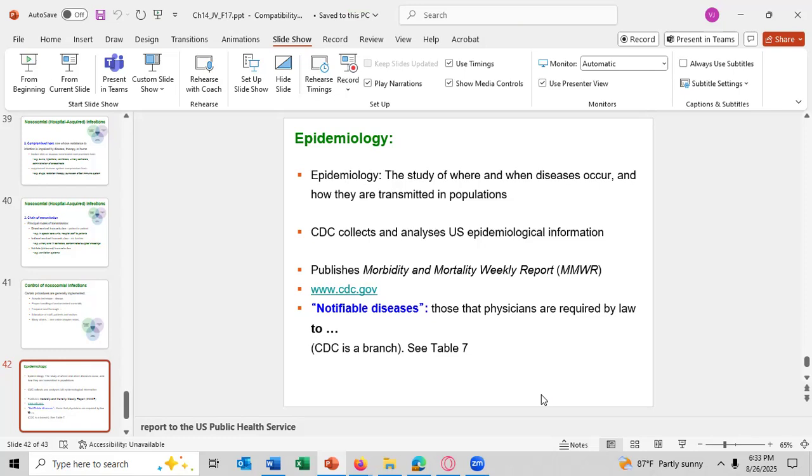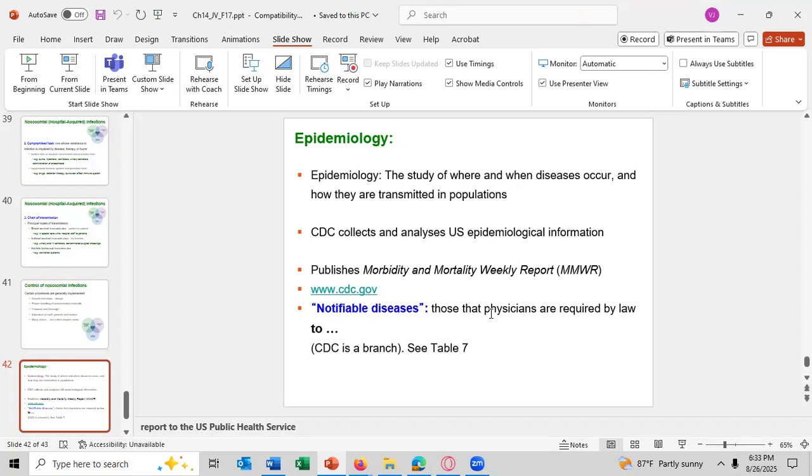The CDC collects and analyzes U.S. epidemiological information for all notifiable diseases, those are diseases that physicians and I think other healthcare workers are required by law to report. The state has a list of notifiable diseases, and if a clinician sees a patient with that disease, they have to notify the local county authorities.